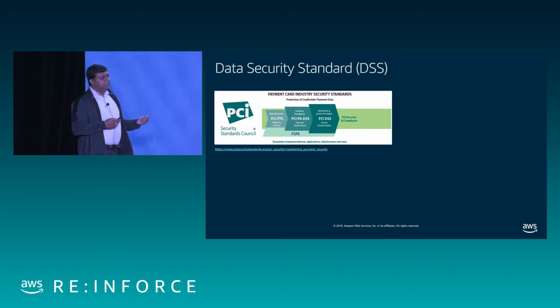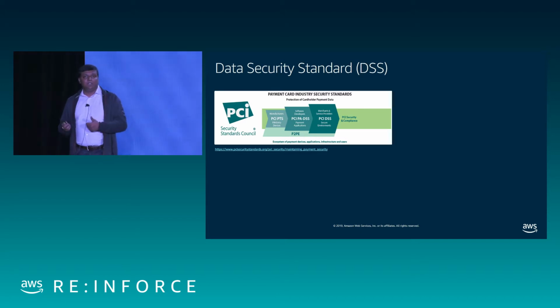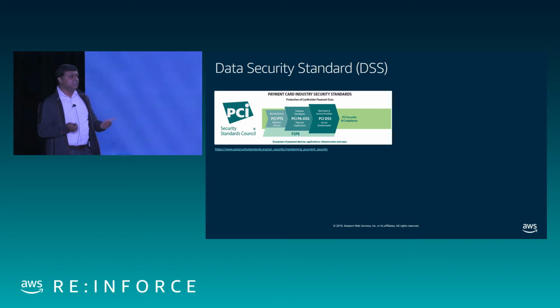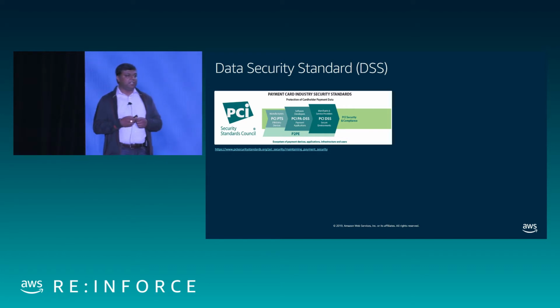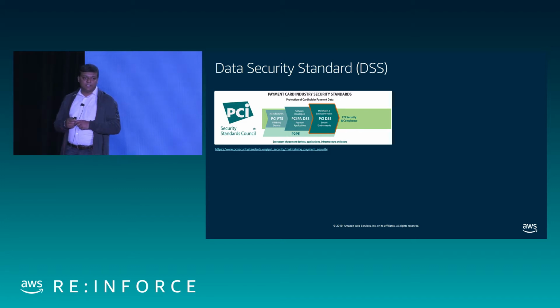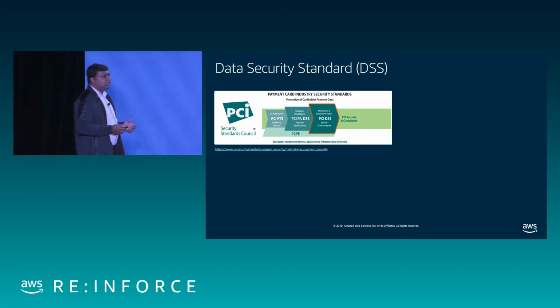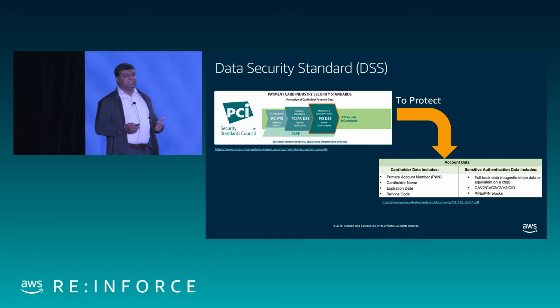You have the PCI PA-DSS aimed at developers who are developing payment applications. And similarly, we have the DSS, which is the data security standard aimed at entities that are handling credit card data. Today we'll be focusing on the DSS. But the aim of all these standards, at the end, is to protect account data.